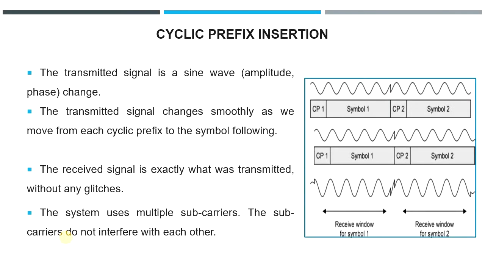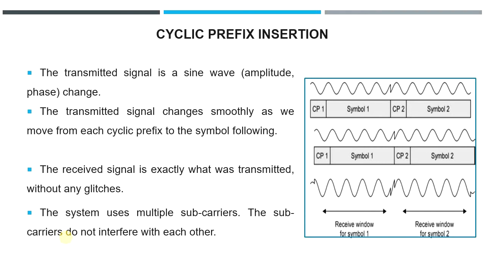We can see how cyclic prefix insertion works by looking at one subcarrier, as shown in this figure. The transmitted signal is a sine wave, whose amplitude and phase change from one symbol to the next.